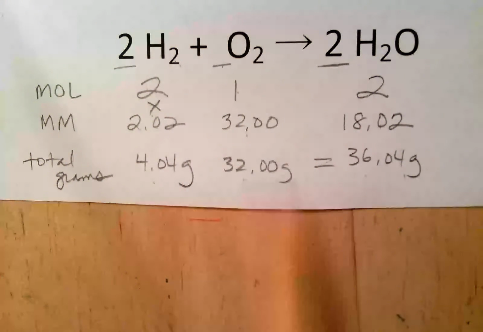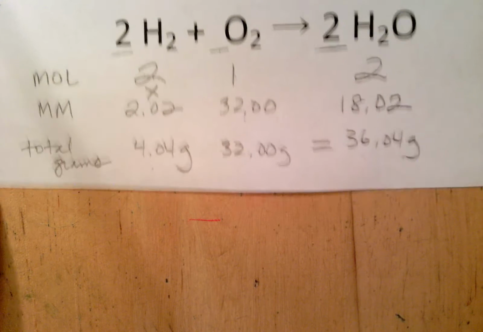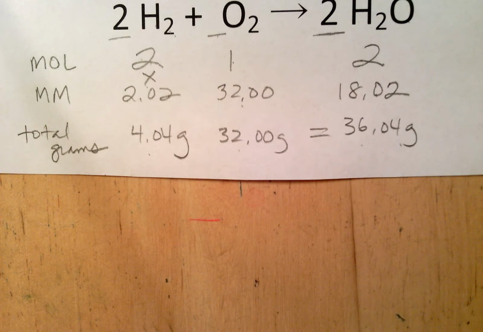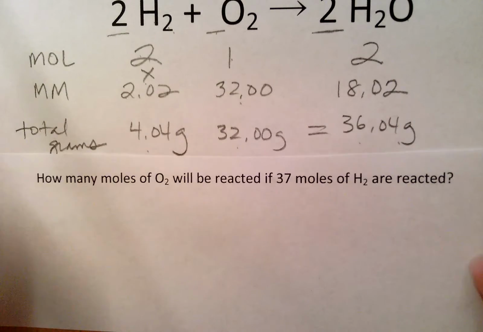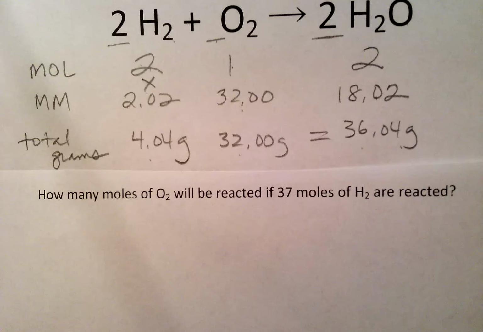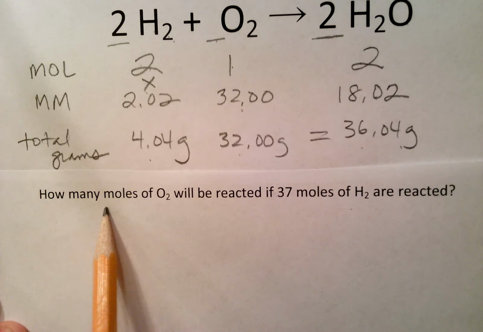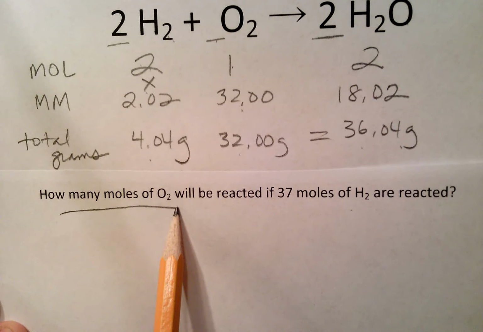All right, so now let's try a stoichiometry problem with this. We'll start with something very simple. We'll do a mole to mole ratio. How many moles of O2 will be reacted if 37 moles of H2 are reacted? So we're looking for moles of O2, and we have moles of H2.